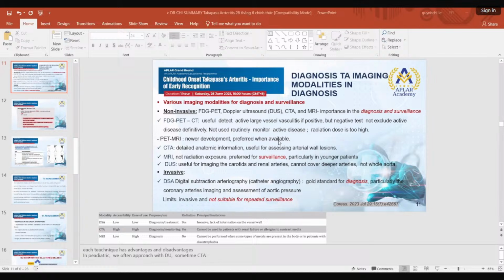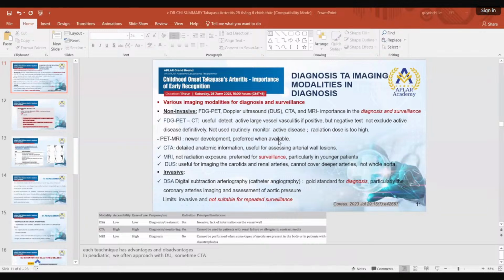For example, MRA is a non-invasive technique, except for the case where you need to use the magnetic resonance contrast, gadolinium. I think it's safer than other techniques compared to CTA or PET-CT.